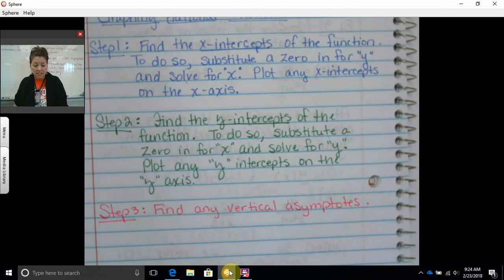Thought we did. An asymptote is kind of like a line that your graph approaches, but it doesn't touch it. Okay, it kind of hugs the line. So I'll just show you this example.